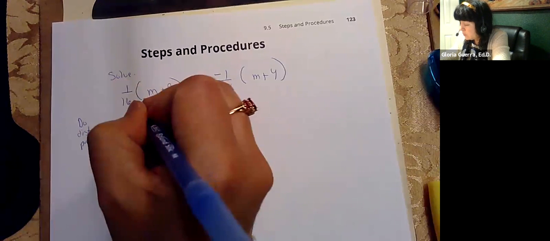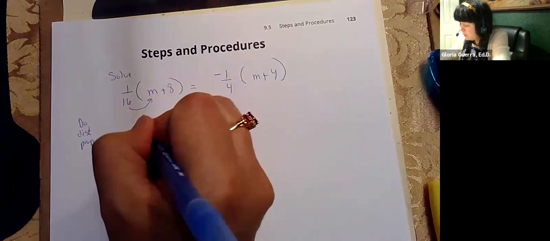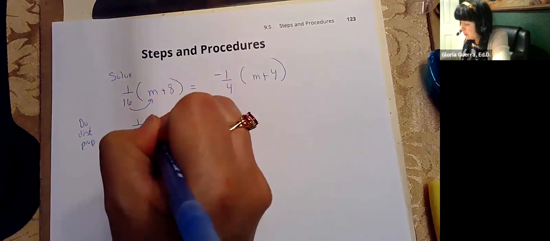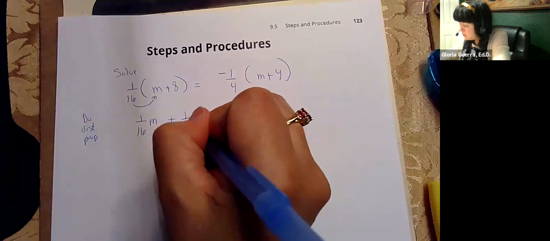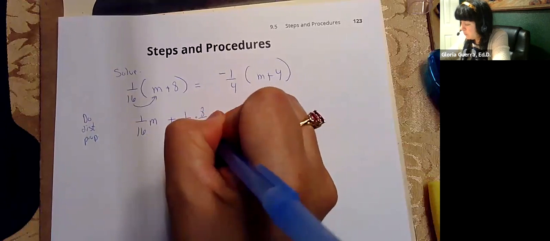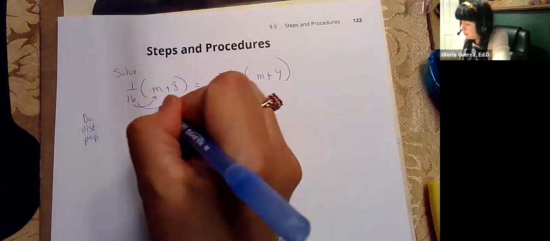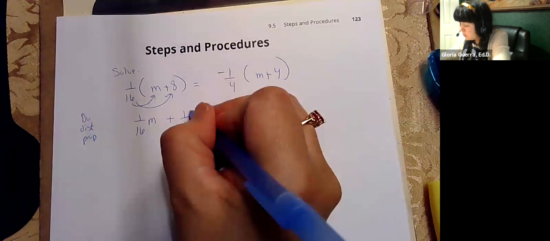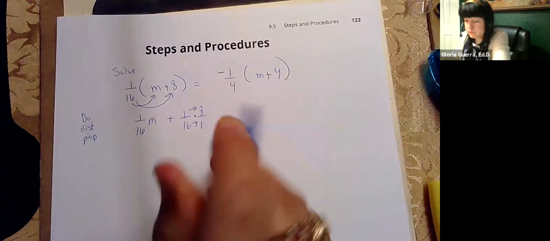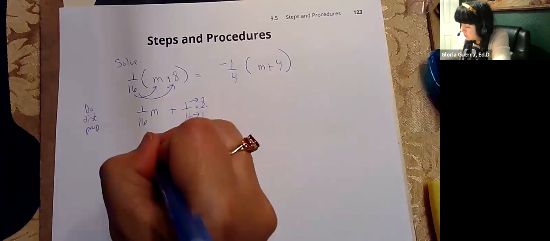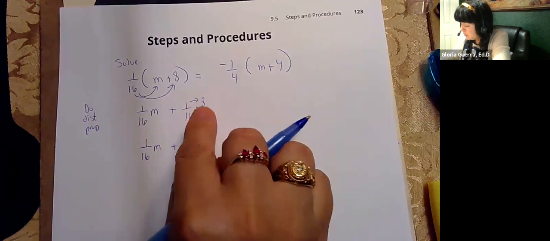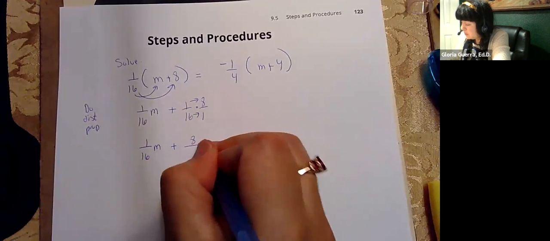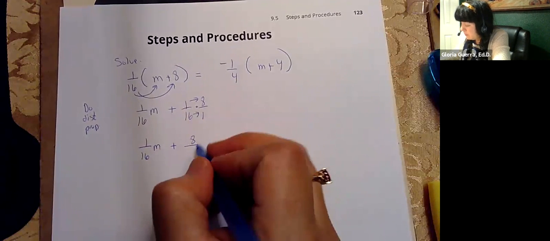So you got 1/16 times m is 1/16 m. And then you got 1/16 times 8 over 1, right? When you do that, you know how to multiply fractions, so you have to multiply across. So you have 1/16 m plus 1 times 8 is 8, and 16 times 1 is 16.